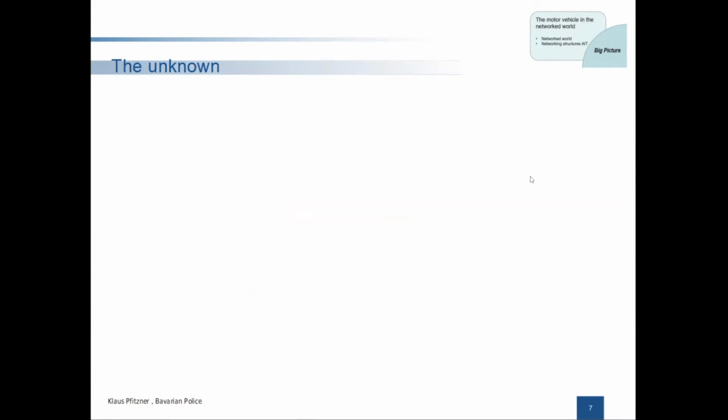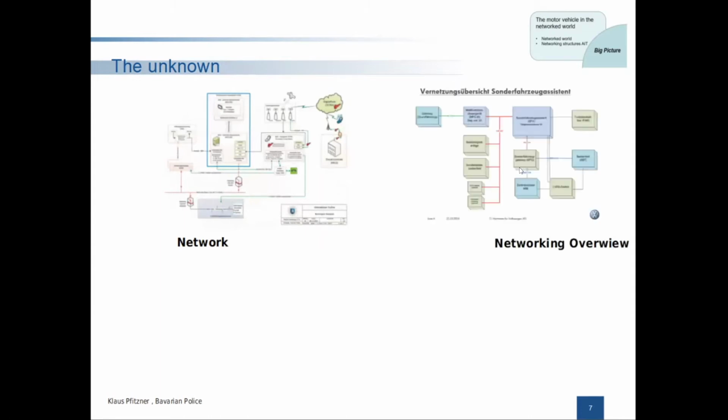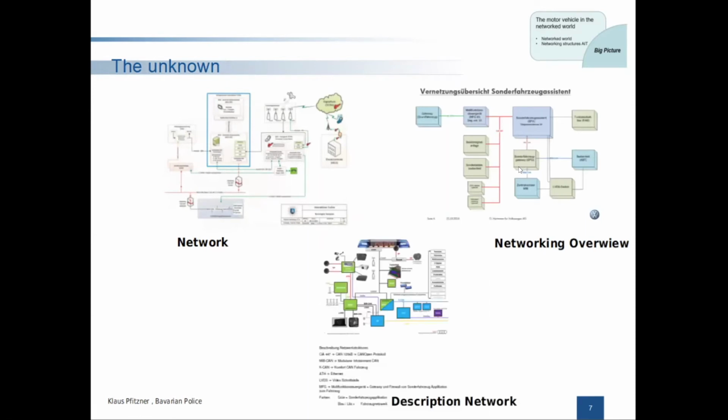The problem for the police side is how do you get information about the network? You need to compare network systems, you need the plan of the network, you need network overviews, and you need network descriptions. The evaluation of the IT system must be based on clear rules and processes. However, this assumes that all relevant documents are available for the assessment of the system.